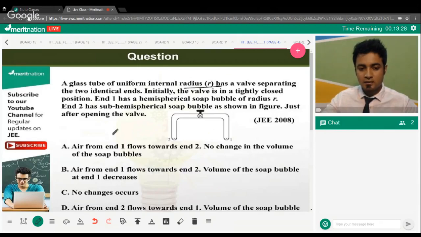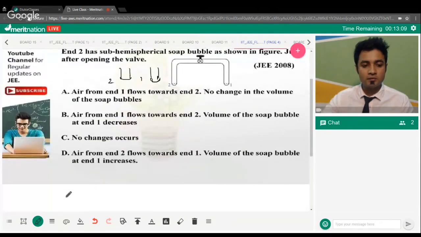This is the situation, I'm drawing it. This is just an arc, and here this is second and this is one. Here the complete hemispherical bubble is being formed. So you have to pick up the correct option from the given options.